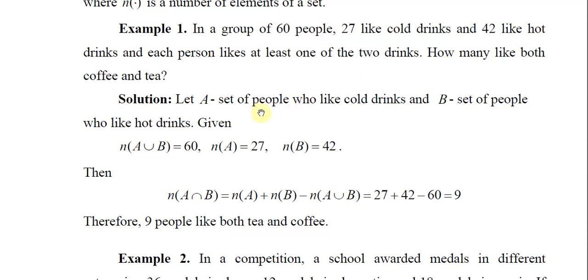If the problem is clear, let's show the solution of this problem. Okay, let A be the set of people who like cold drinks and B the set of people who like hot drinks. Given the number of elements is 60, because in a group you have 60 people, and then n(A) is 27 and n(B) is 42.